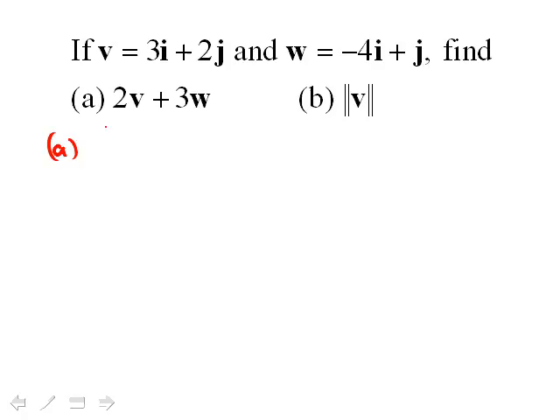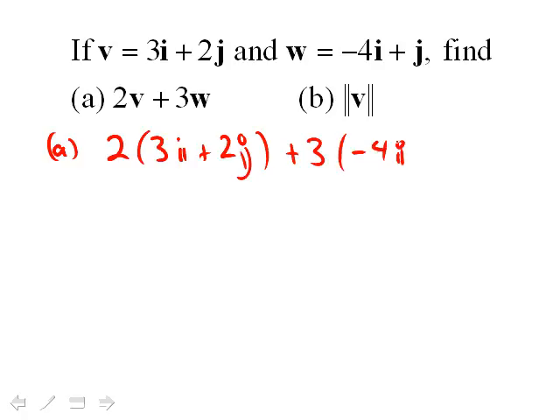So for A, we could do 2 times v, that's 3i plus 2j, plus 3w, and w is minus 4i plus j. And now you could do it algebraically by collecting like terms.